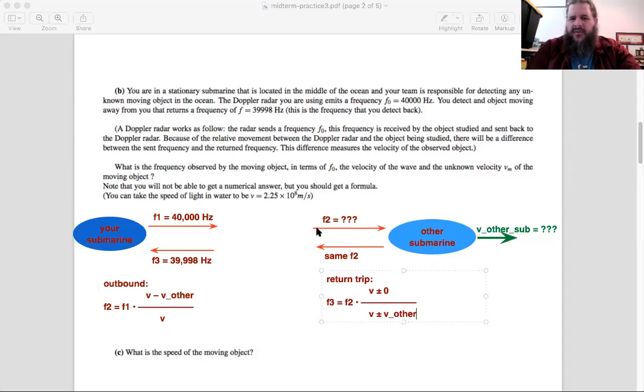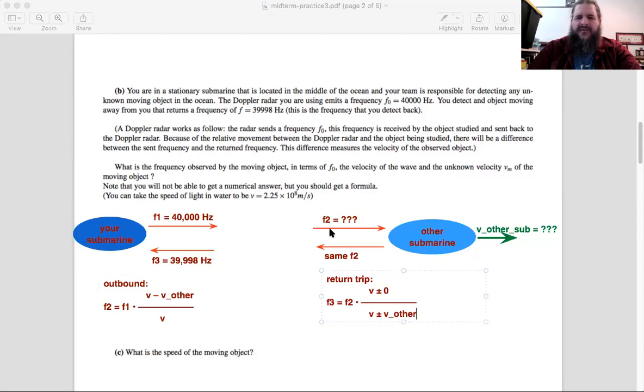If you just have a wave that's bouncing off of something, the frequency does not change as a result of the bounce. The only thing that changes is the direction. It's changing from going in one direction to going the other direction. Also, a wave bouncing off of something can change its phase.